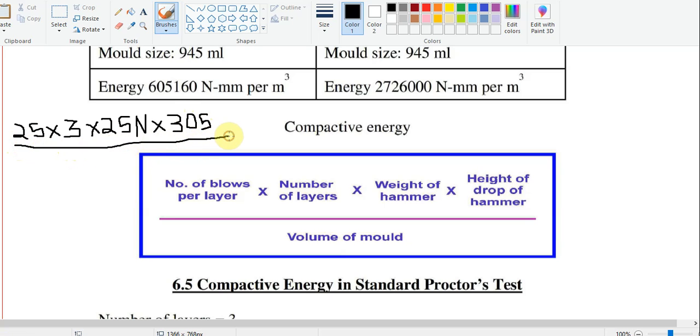Now, volume of the mold is not constant. It is approximately 945 ml, or you can even take it approximately as 1000 ml, or you can take it as 950. It is not exactly 945. It is around that value.